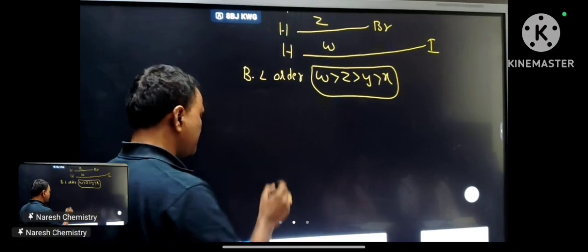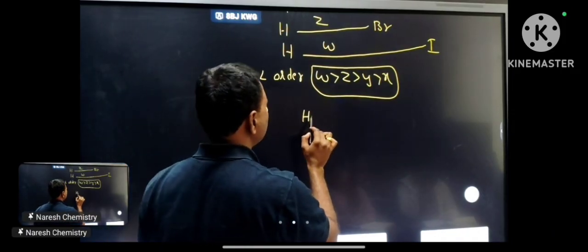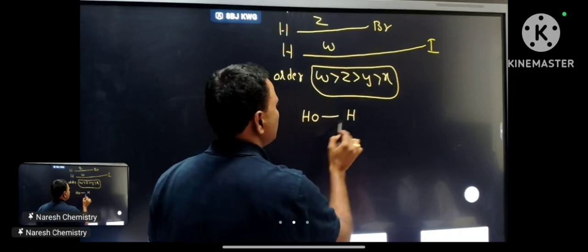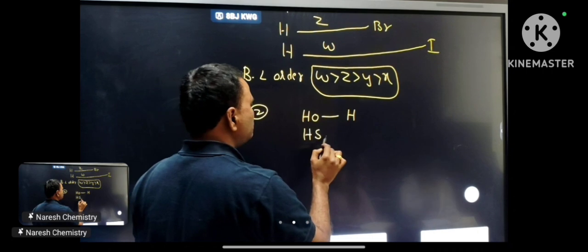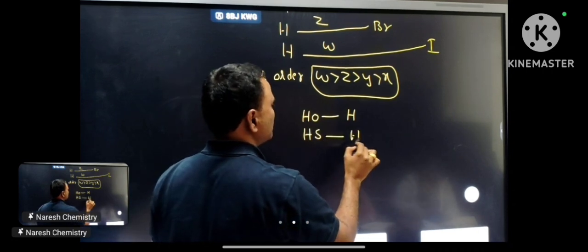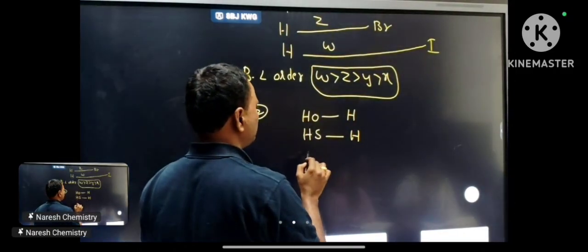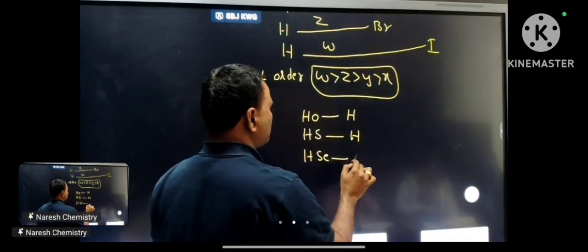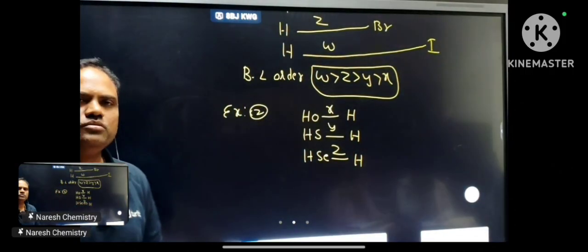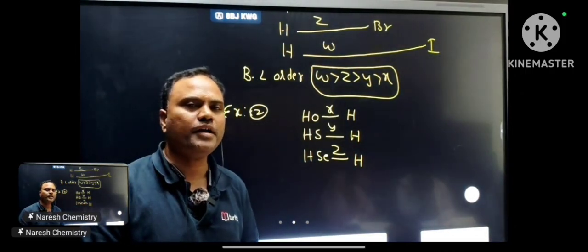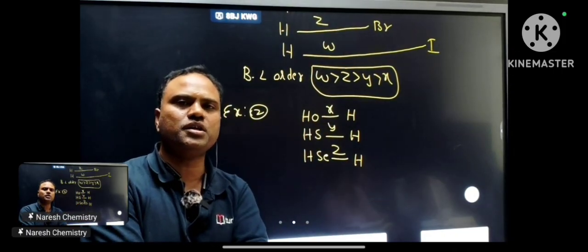Another example, second example. Water molecule H2O, H2S, and H2Se as X, Y, Z. Did you identify oxygen, sulfur, selenium? What is the common point for these three elements?